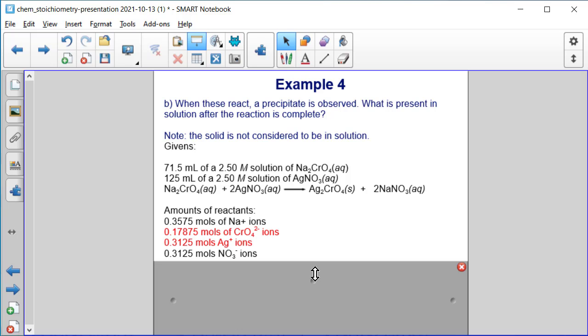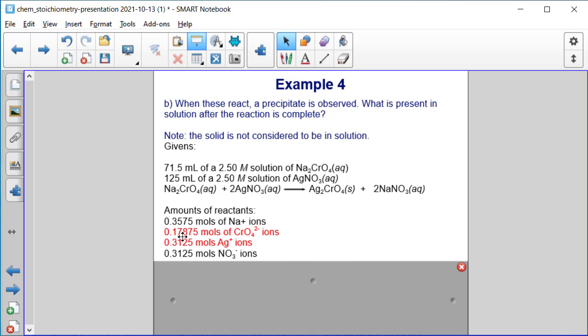Okay. So without having to show a whole bunch of mathematical stoichiometry, let's look at what happens in the reaction. Silver and chromate react together to form a precipitate, but there's one chromate ion that reacts with every 2 silver ions. So they do it in a 1-to-2 ratio.